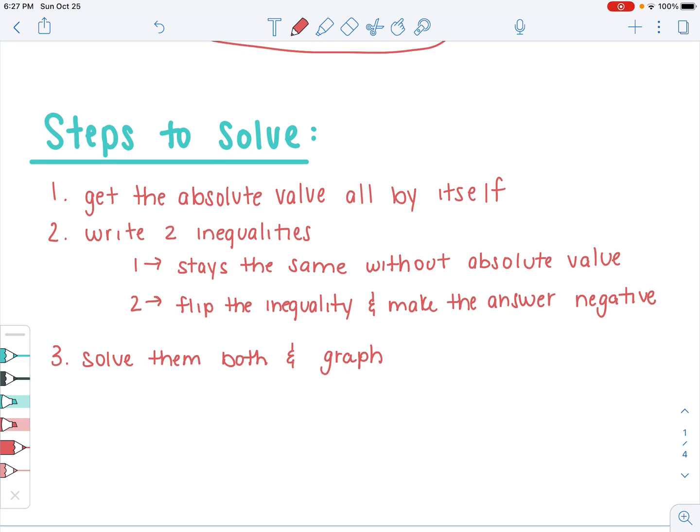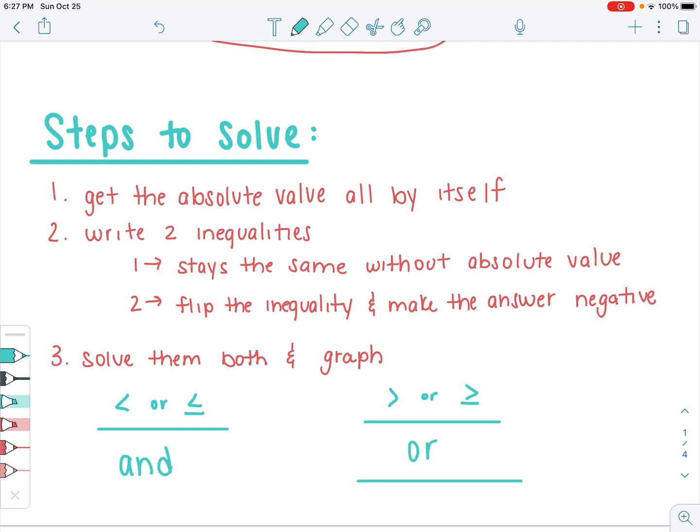So now another little trick to remember here is when you're solving these, if you're solving a less than or equal to, these are like solving and inequalities. If you're solving a greater than or equal to, these are your or inequalities.